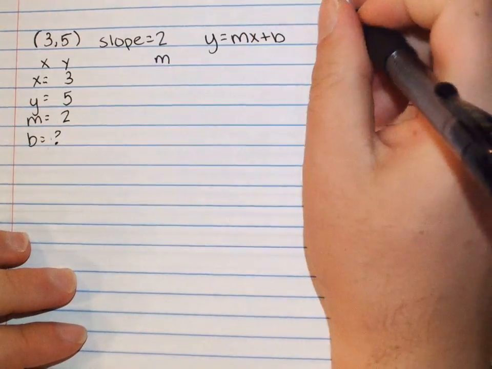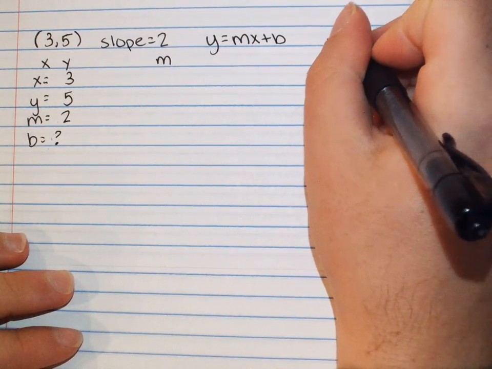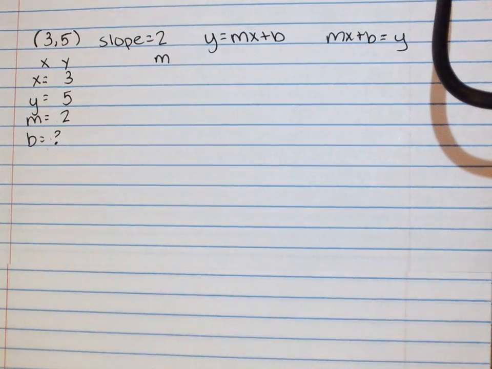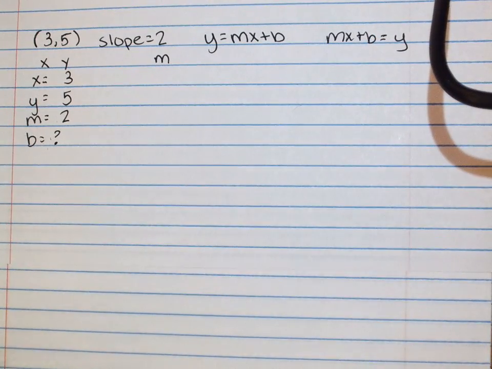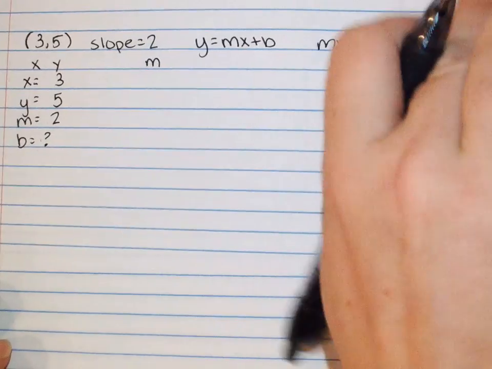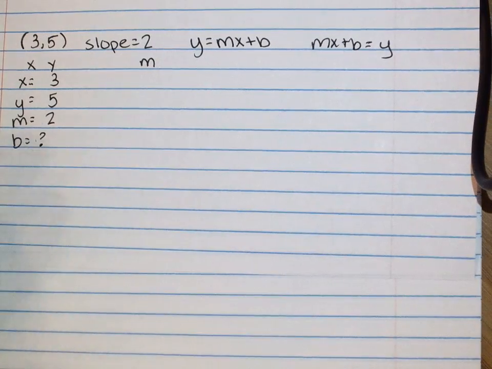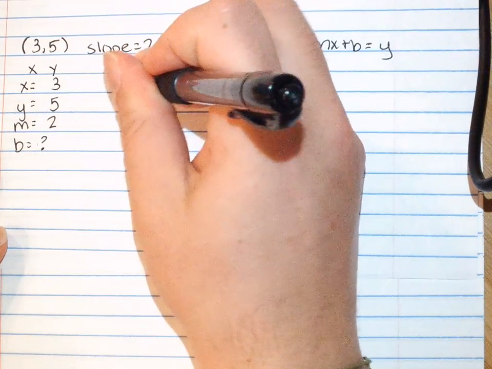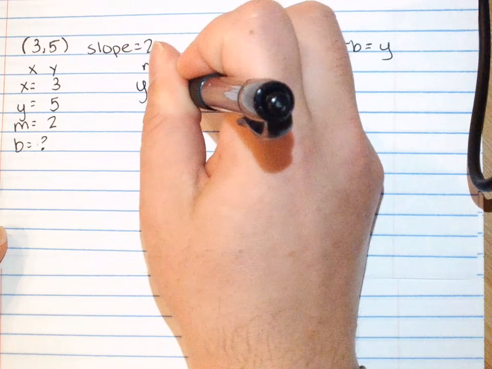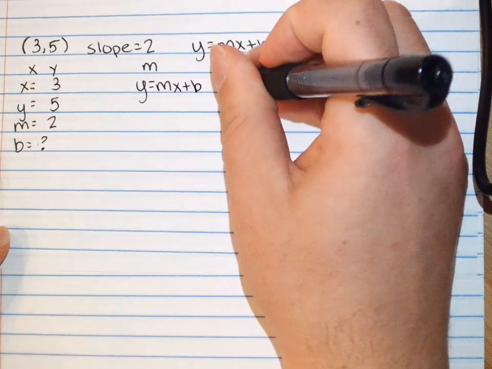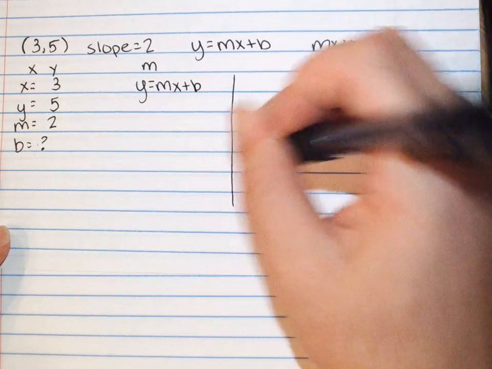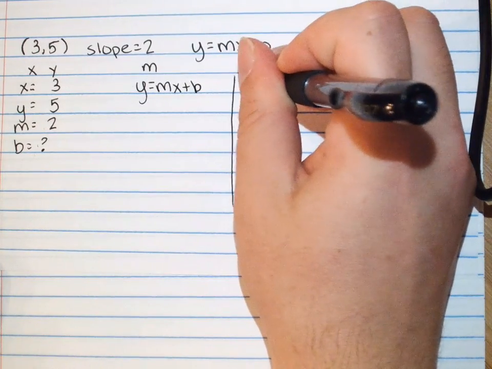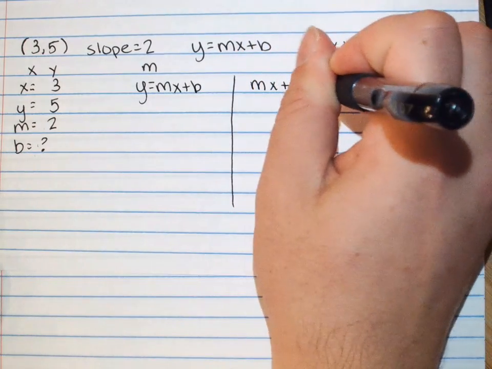And so remember, we can also write this as mx plus b equals y, whichever one works best for you. Okay. So on this side, we're going to do y equals mx plus b. And on this side, we're going to do mx plus b equals y.